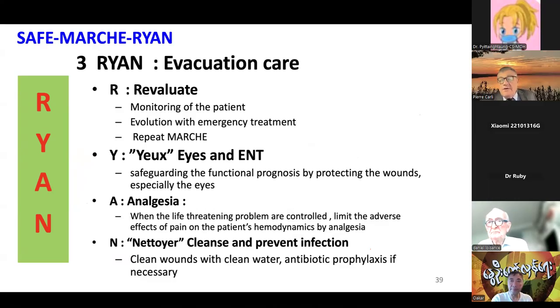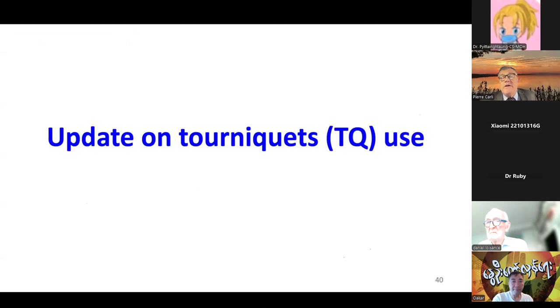If the patient is suffering, you can then give analgesia, and we saw before that you have to limit the dose, but don't give a lot of analgesic without thinking. That would not be a good choice. Also, you have to clean and prevent infection, which is much simpler.